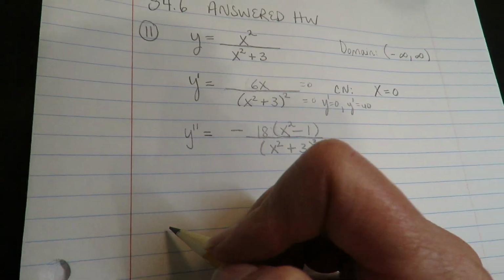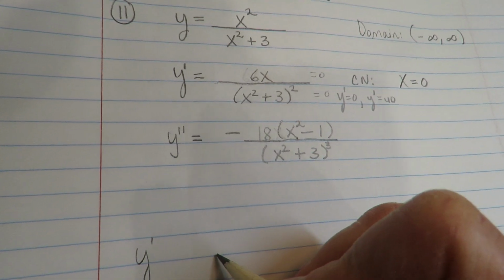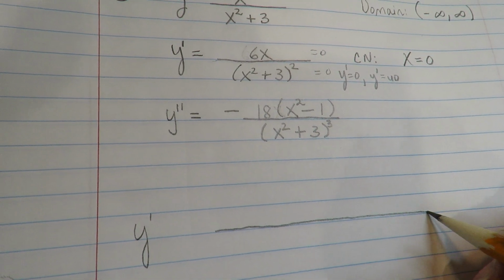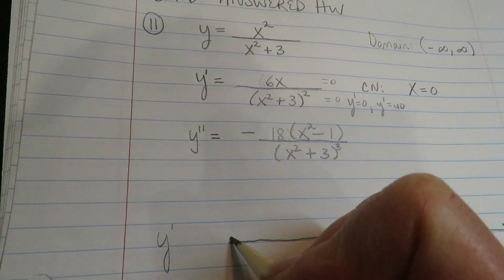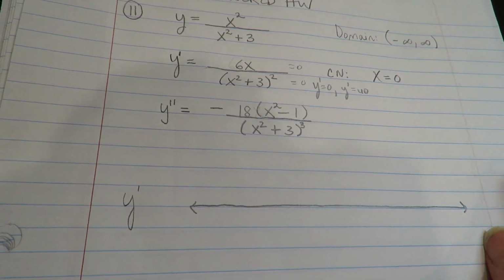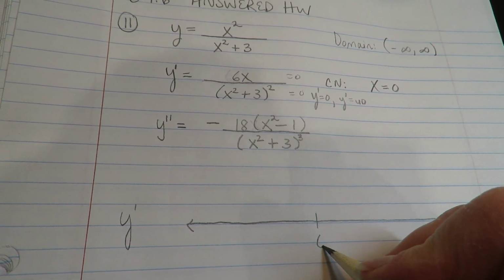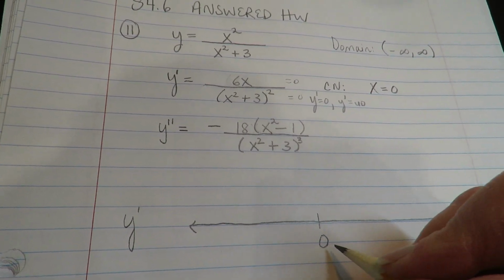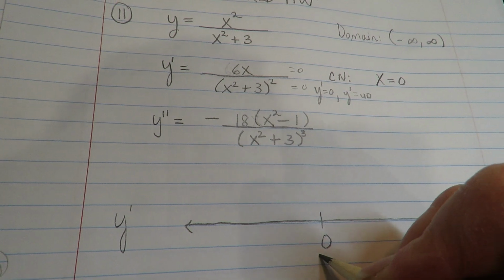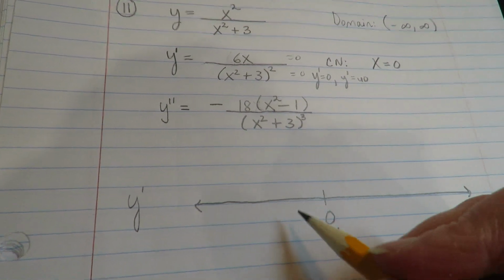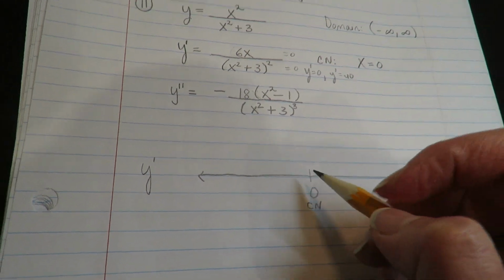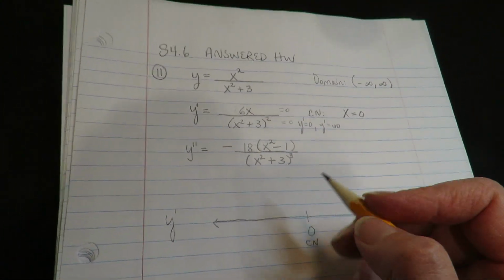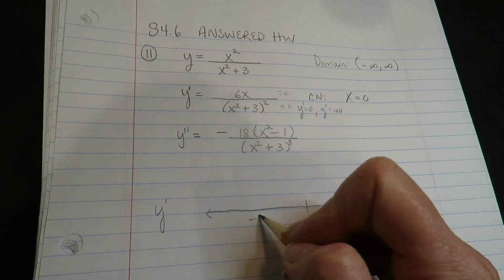Okay, so now I'm going to go work on that for a moment. I'm going to put arrows on the end of it because the domain is from negative infinity to infinity. I'm going to put the 0 here for the critical number. Alright, and now I'm going to go ahead and test it. So as I test it, I'm going to pick something like -1 here.